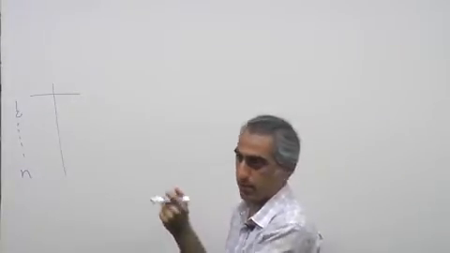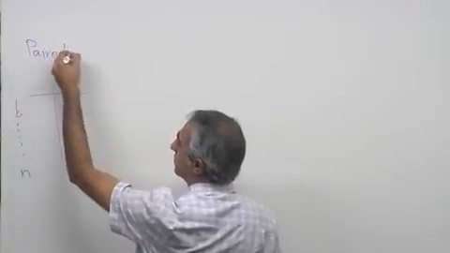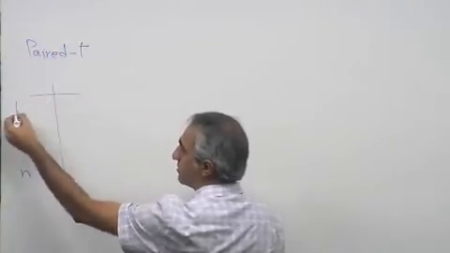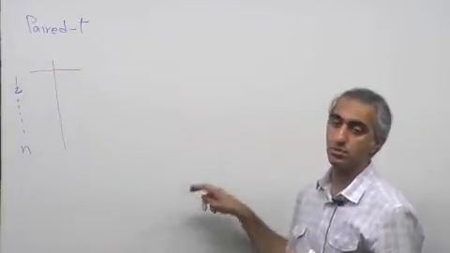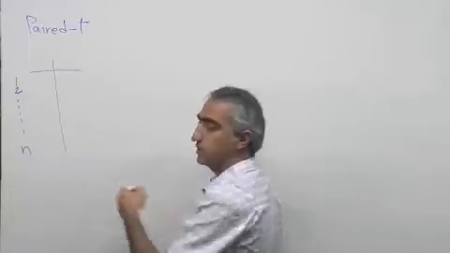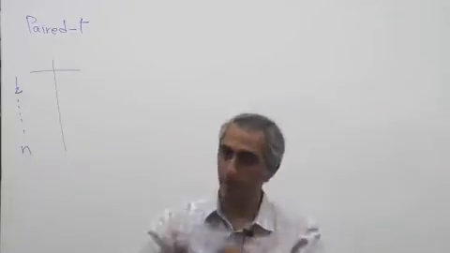Okay, for the paired t-test, the number of observations for two populations should be the same. If not, you need to remove some. For example, let's say one of them is 10, the other one is 8. You need to remove two of them to make them pair.